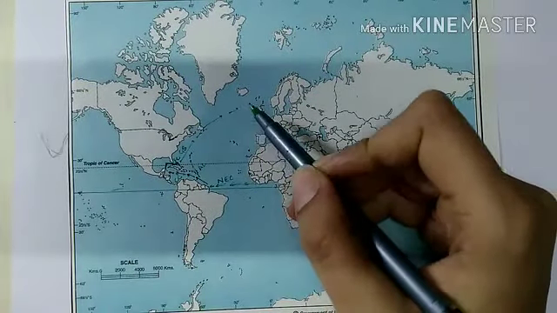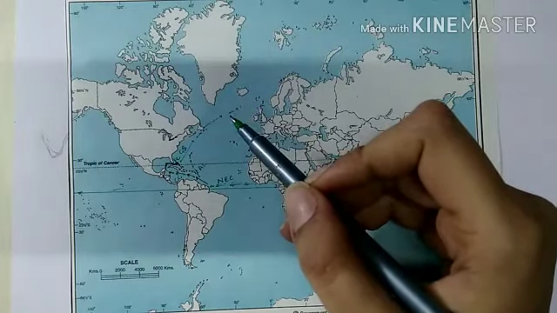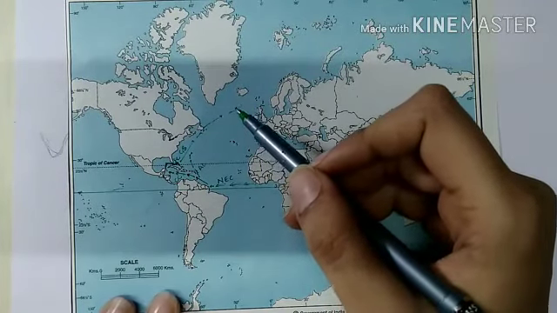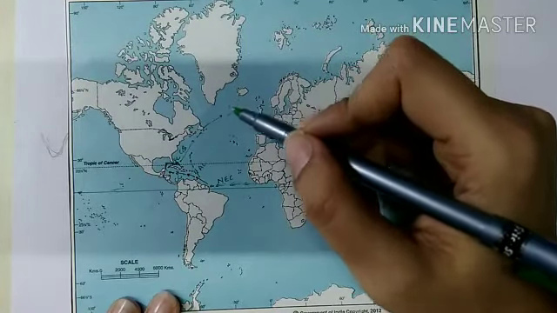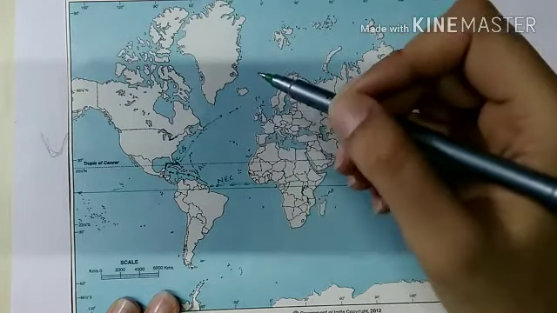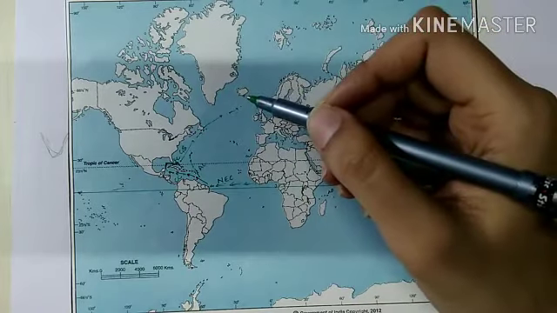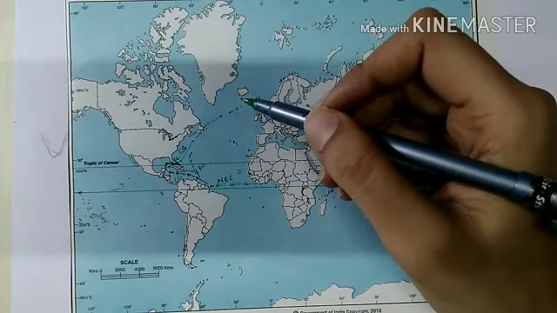The northern branch further divides into two minor branches, of which one reaches along the southern coast of Iceland as the Irminger current, while the other enters the Norwegian Sea as the Norwegian current.